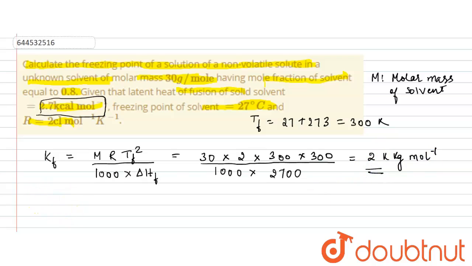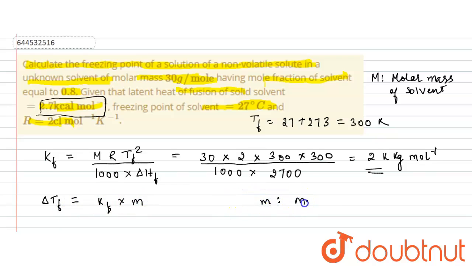Now, what is our aim? Our aim is to calculate the depression in freezing point. So for calculating the depression in freezing point, first let's see what all things are required. You know very well that depression in freezing point is equal to Kf into small m. What is small m?